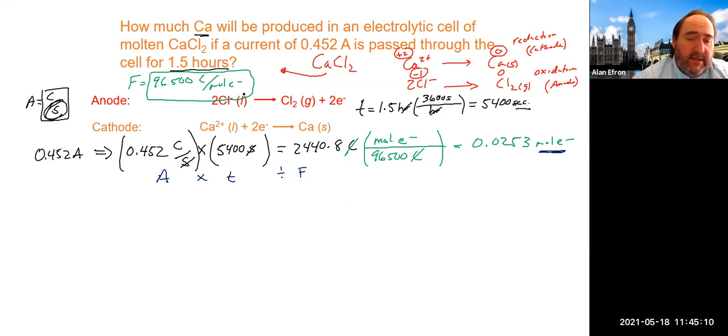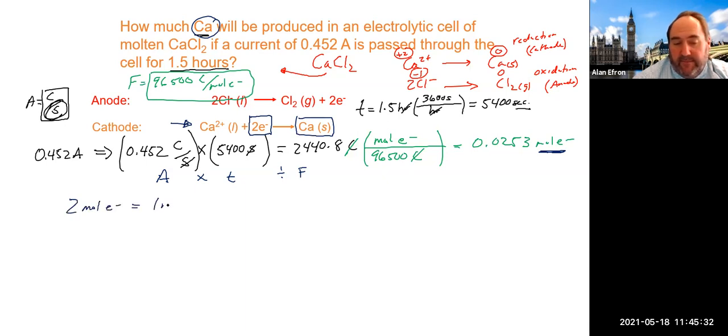In this particular case, we're interested in calcium, so we will look at the calcium half reaction. From the calcium half reaction, we see that for every 2 moles of electrons, we get 1 mole of calcium. So just like stoichiometry, we can set up a mole to mole relationship. That allows us to go from moles of electrons to moles of calcium, which is what we're interested in.